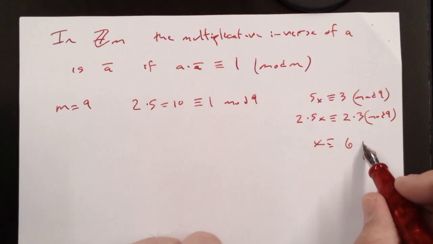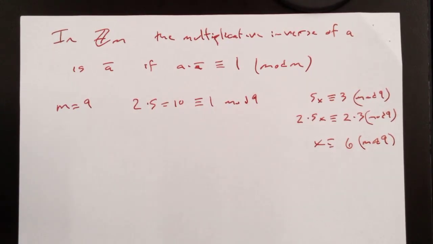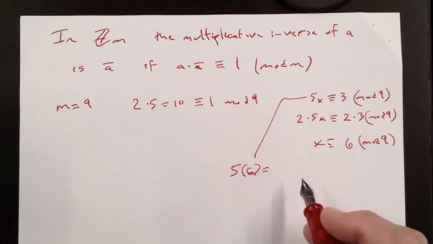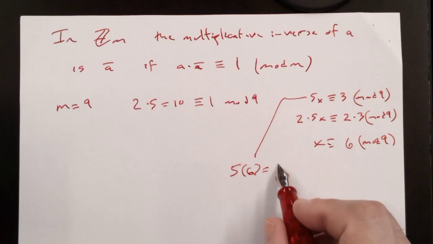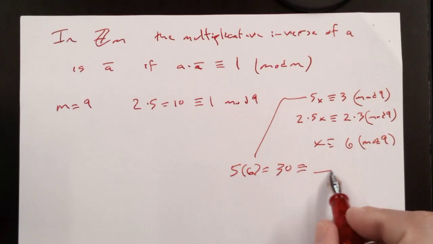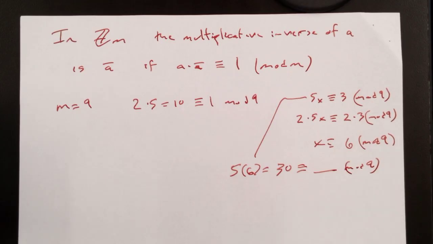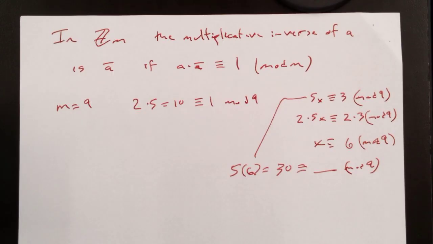I get 6. Hey, wait a minute. Go back to the original equation. 5 times 6 is... What's the remainder when you divide 30 by 9? Isn't that what I wanted? I solved the equation.